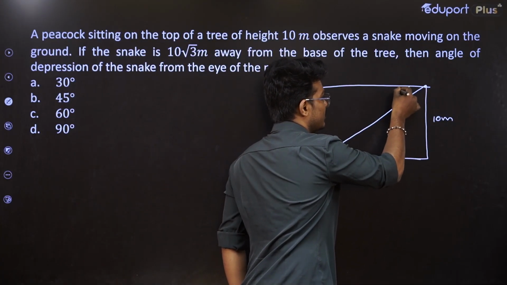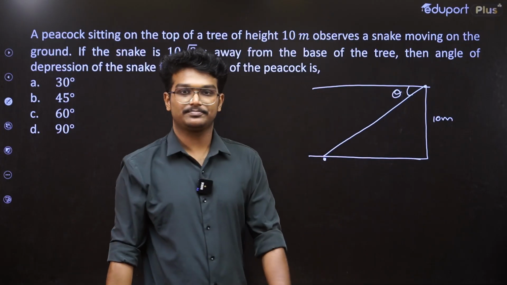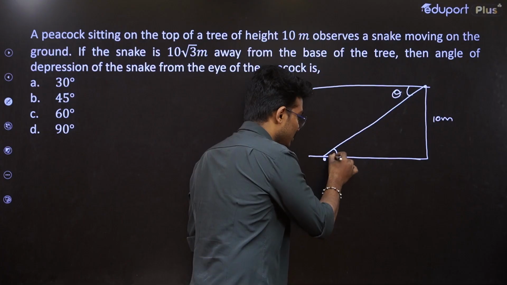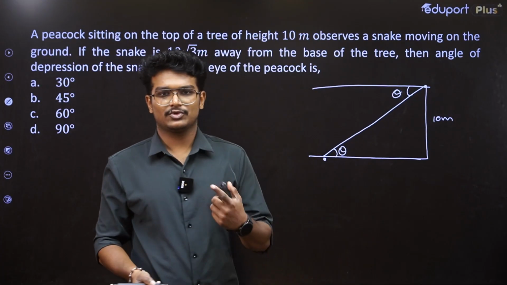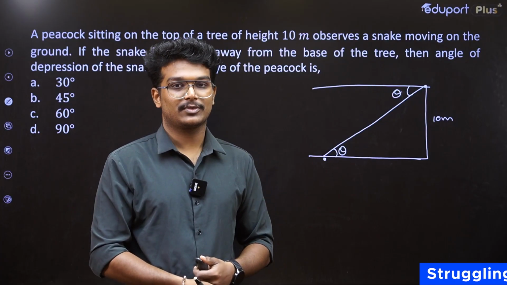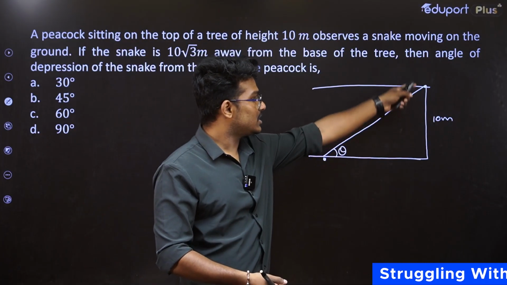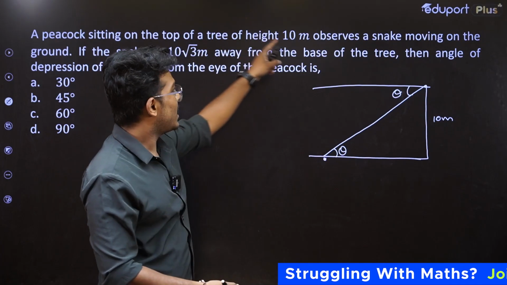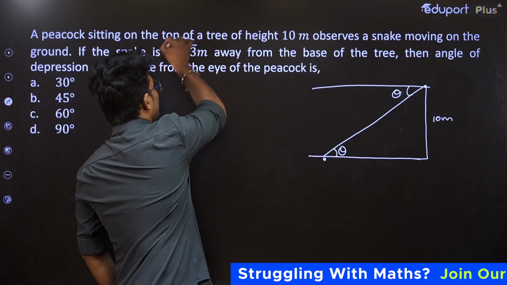This angle is the angle of depression, that is angle theta. If this angle is theta, then here also it will be theta. Why? What is the reason? Because they are alternate angles. Now the height of the tree is 10 meter and the distance between the snake and the base of the tree is 10 root 3.